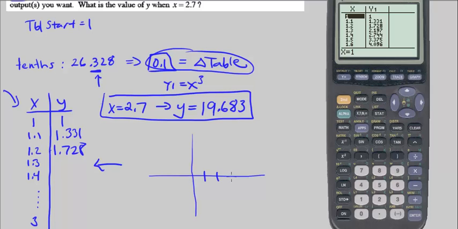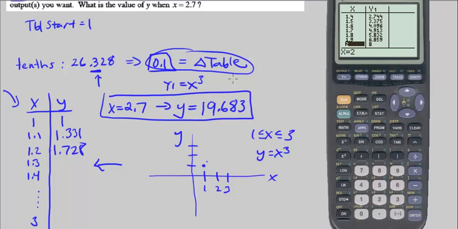We're looking at between 1 and 3, 1, 2, and 3, because we have x between 1 and 3 for y is equal to x cubed. And we know it starts here. At 1, the output's 1. At 1.1, it's 1.3. We could go ahead and plot these points and see specifically how the graph is going to look.